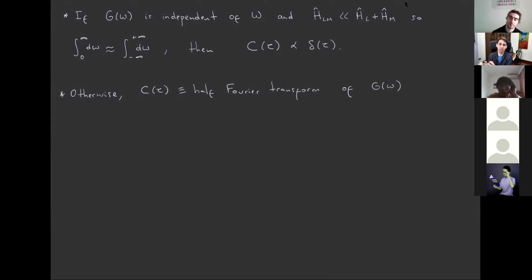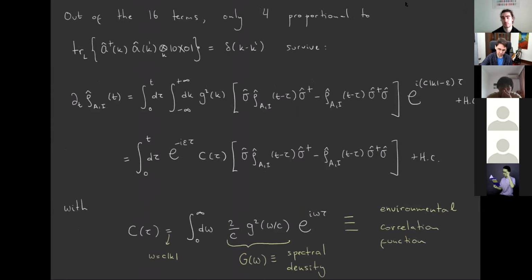If you know the spectral density, either numerically or analytically, if you are lucky, you do half the Fourier transform, you get a function that depends on time, okay? And then you get a master equation that will be time non-local, that will be non-Markovian or integro-differential.